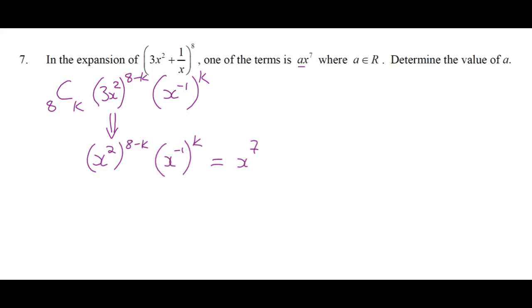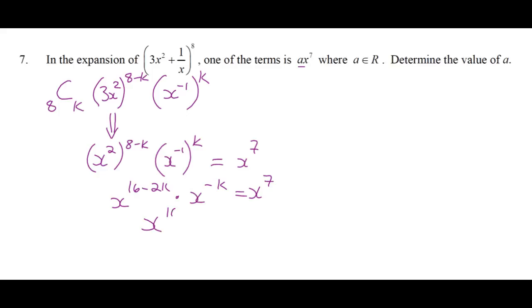Let's just say, what's this work out to? All right, so we say, this is x to the what? 16 minus 2k. And this is x to the what? Negative k, right? Minus k is equal to x to the 7th. Okay, how do I combine these two guys?